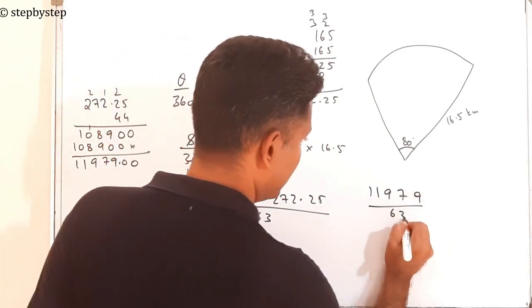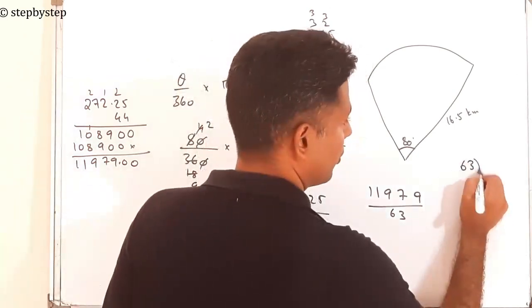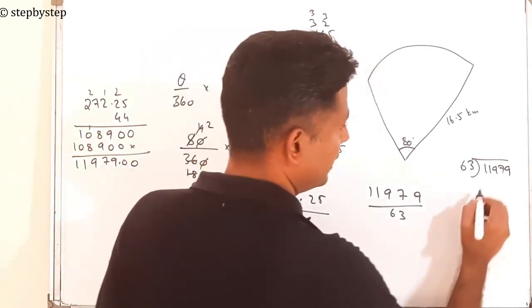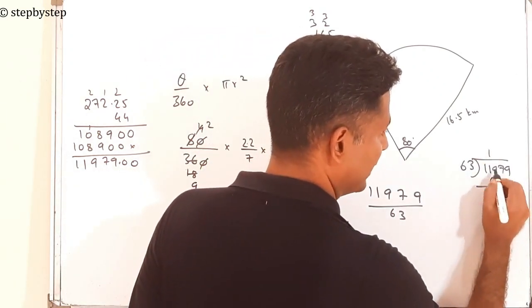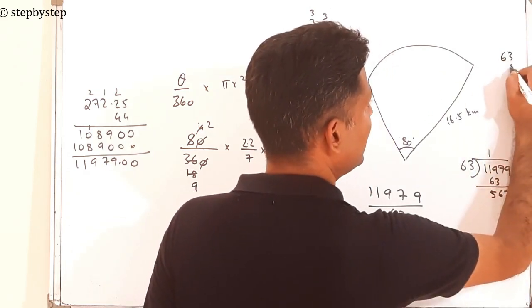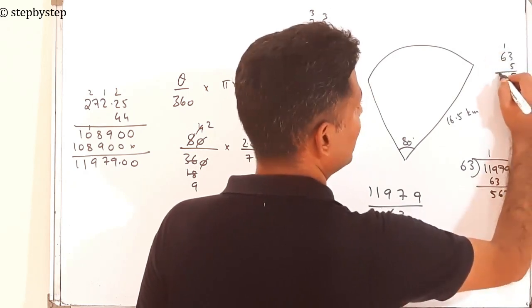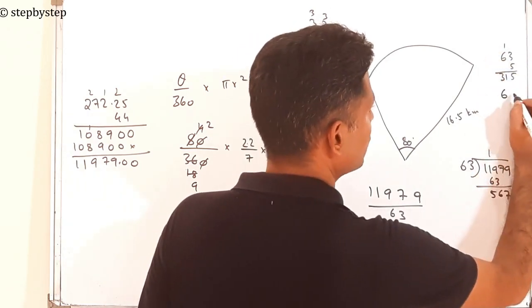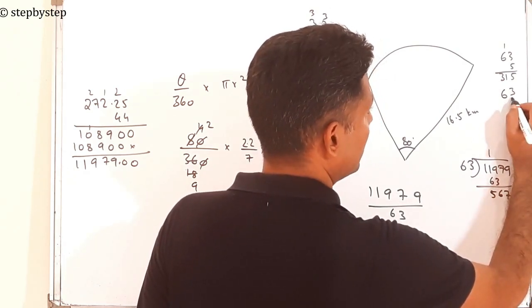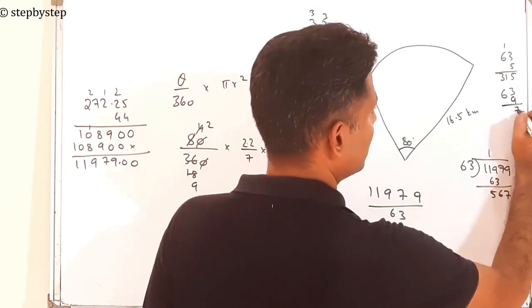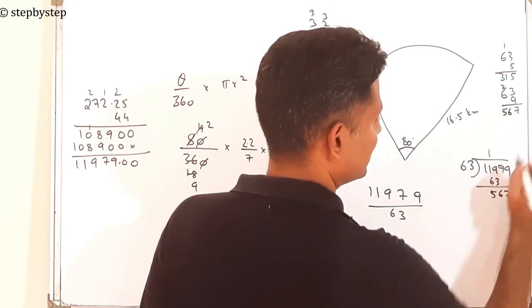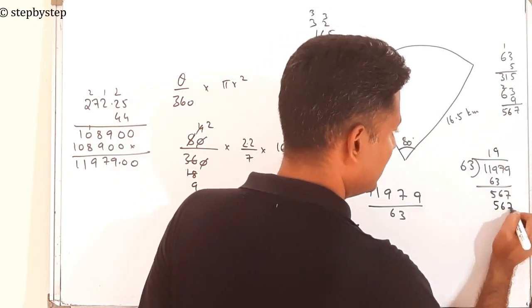Now I have to divide 11979 by 63. 63 ones are 63, 9 minus 3 is 6, 11 minus 6 is 5, 7 comes down. Now 63 into 9 is 567.